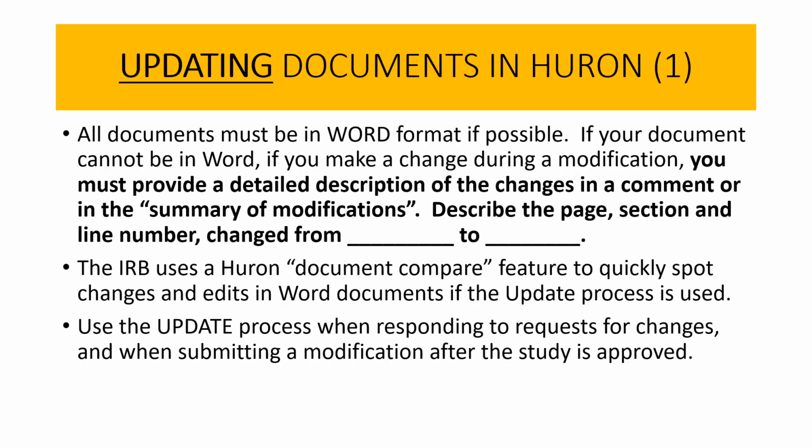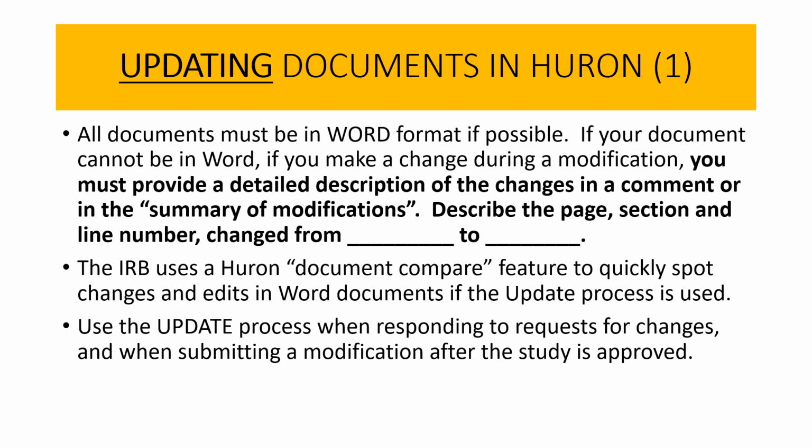The IRB strongly prefers that all documents be in Word format. This allows the update system in Huron to work when there are revisions and makes it possible for the IRB reviewers to quickly spot changes without doing a line-by-line comparison.